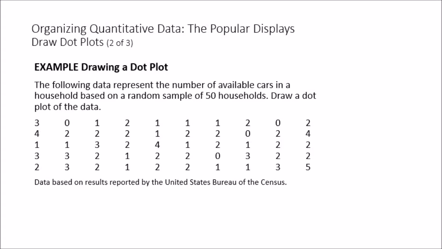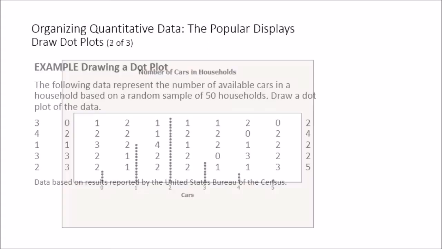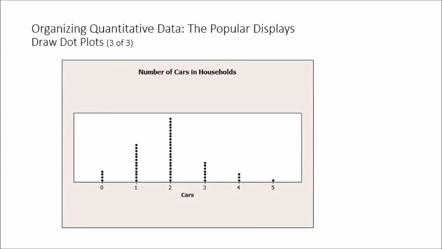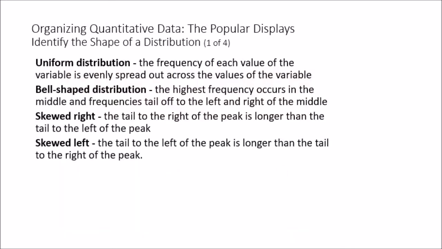As you can see, we placed the number of cars horizontally, and each time we observe the value 0, we place a dot. So the number of households that have no cars is 4. The number of households that have 4 cars is 3, and the number of households that have 5 cars is 1.